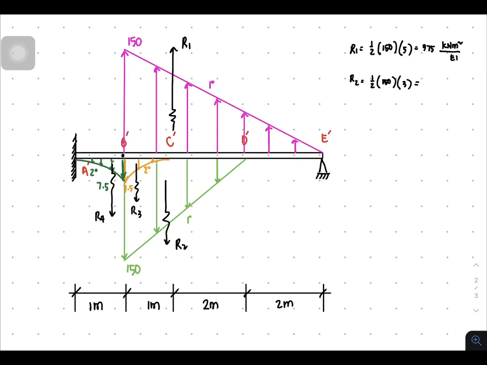So 150 times 3 times 1/2, it's 225. And then for R3, it is base nga 1 times 7.5 over 2 plus 1, which is 3. So that's 7.5 over 3. So this is 2.5. And the same with R4. Now 1 times base times 7.5 over 2 plus 1. And this is 2.5.